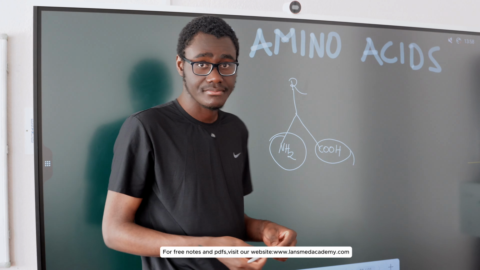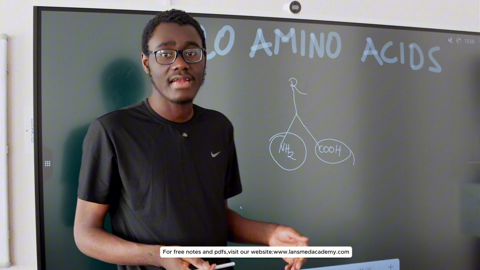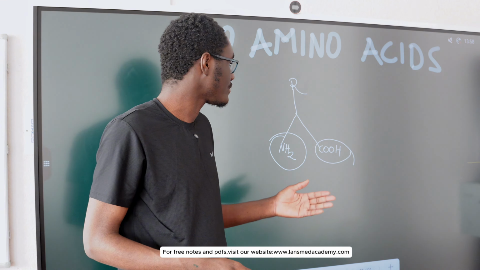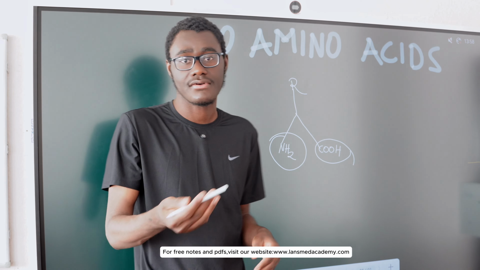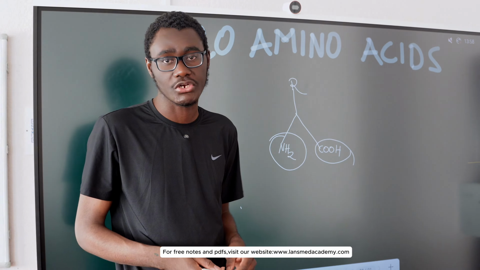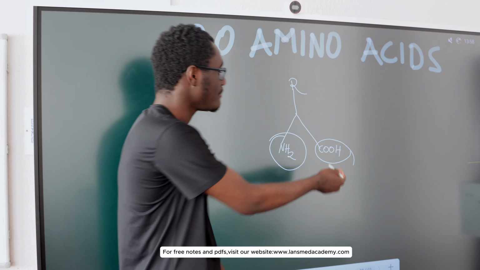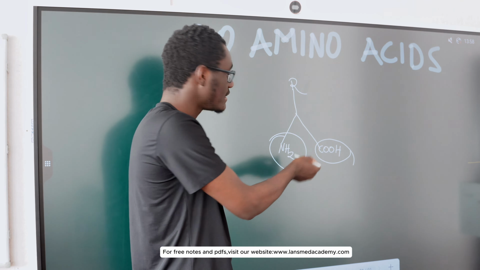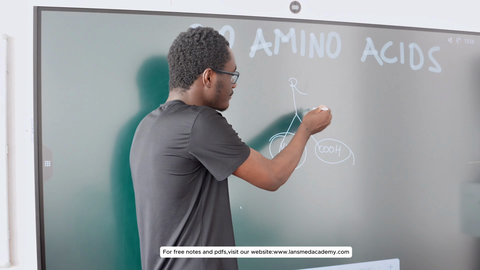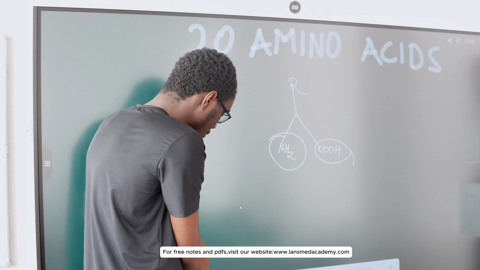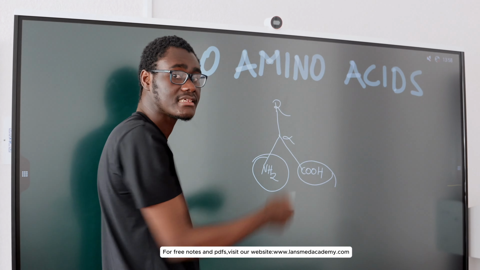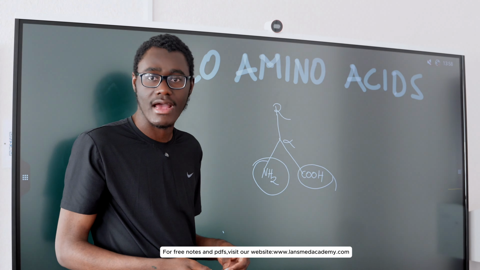But in chemistry, we recognize the position of functional groups based on where they are attached in relation to the other functional group. For example, this is the main functional group, carboxylic acid group. So if this nitrogen is attached to the first carbon after the carboxylic acid group, this is said to be an alpha amino acid.